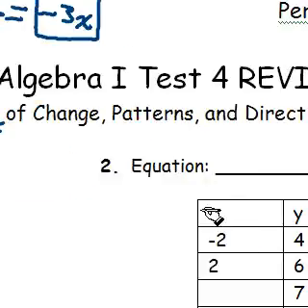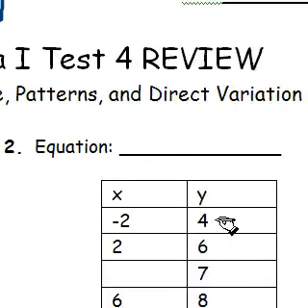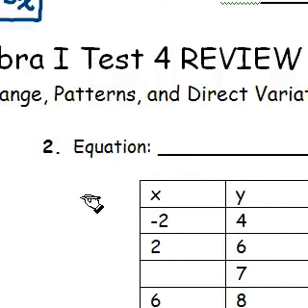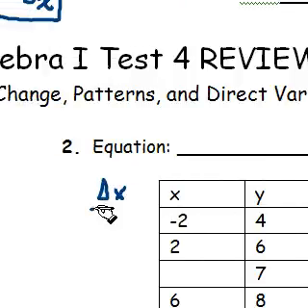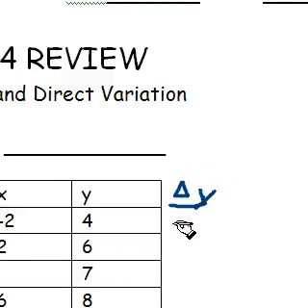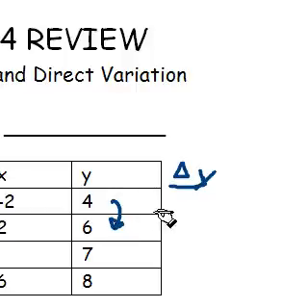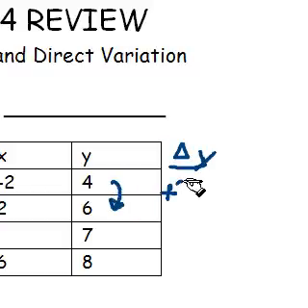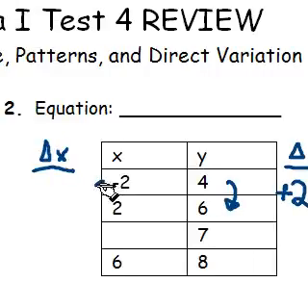Okay, let's take a look at number 2. Number 2 is a little bit trickier, but we can use the exact same process to find our rate. So let's go ahead and find our rate. Change in x, change in y. It looks like over here, y went from 4 to 6. So that is an increase. An increase by what? 2. And over here, x went from negative 2 to positive 2.